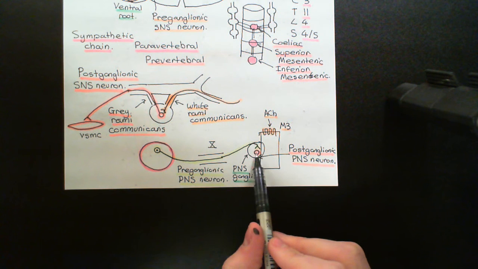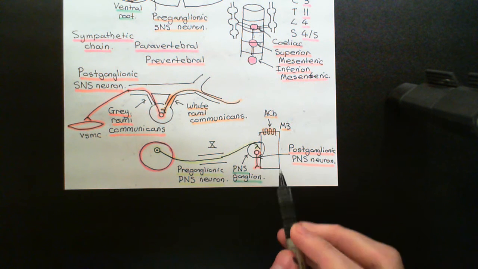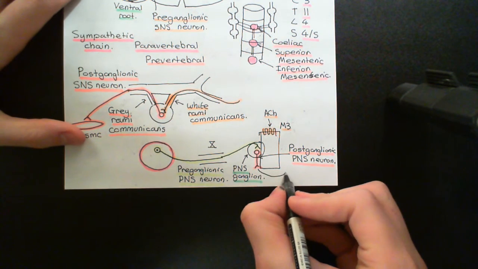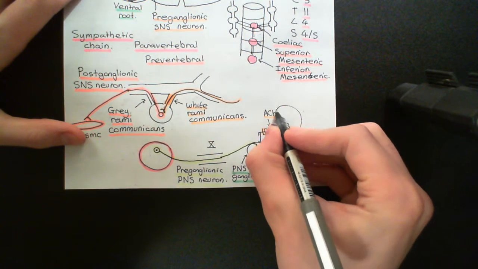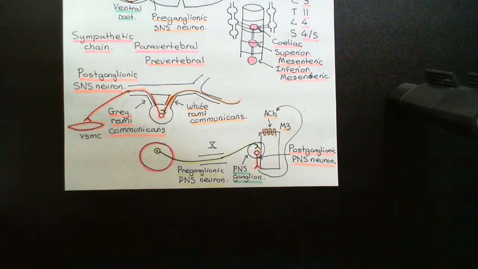Okay, then the postganglionic parasympathetic nervous system neuron will release acetylcholine. So just connecting this all up into a flowchart, it's going to release the acetylcholine, which will act on M3 receptors on the cardiomyocytes, and the effect there is to slow the heart down, slow heart rate, and reduce contractility, so overall reducing cardiac output.